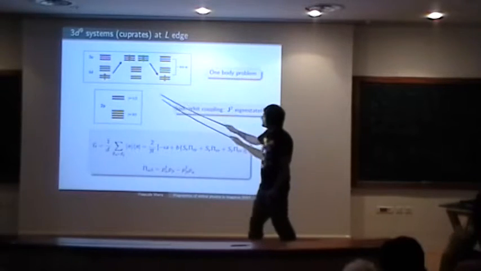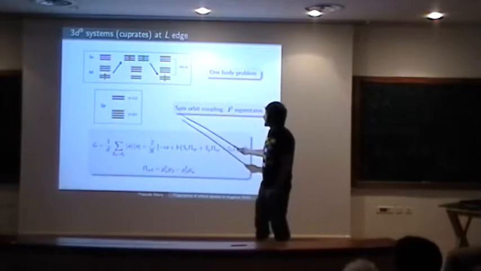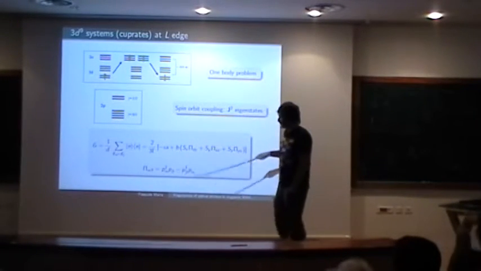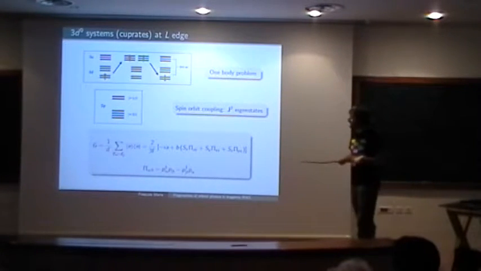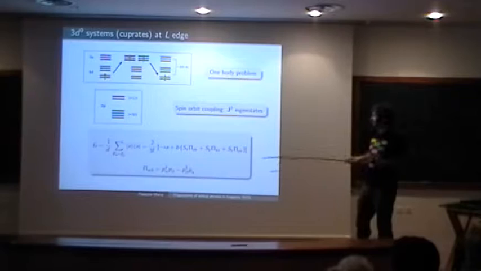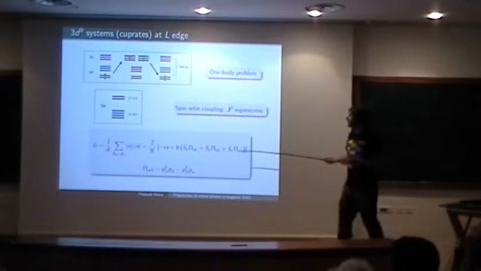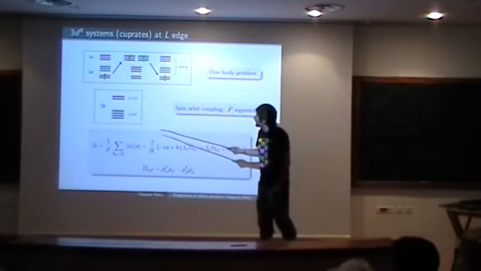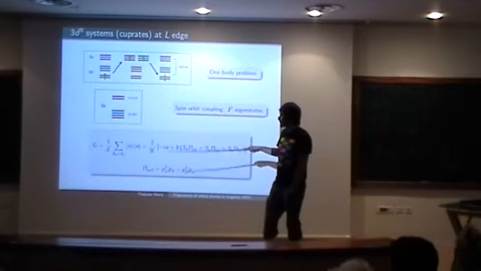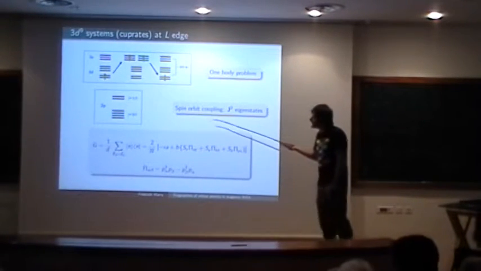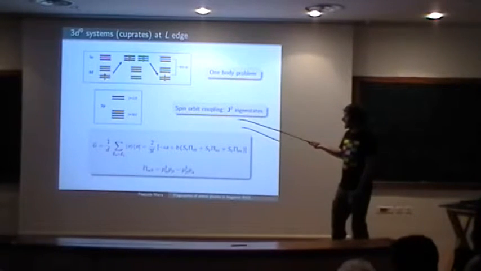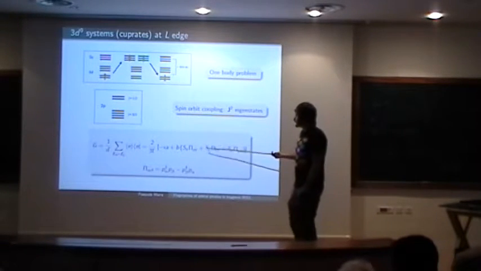If we analyze the intermediate states, we can see that due to the spin-orbit coupling, the eigenstates of the Hamiltonian are eigenstates of the total angular momentum. So the state splits into two subspaces with j equal to 1/2 and j equal to 3/2.